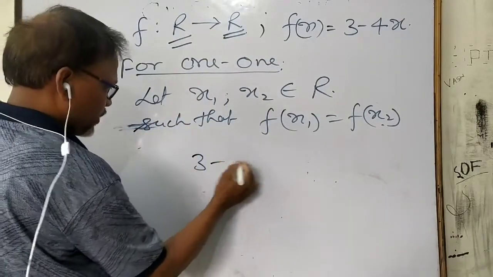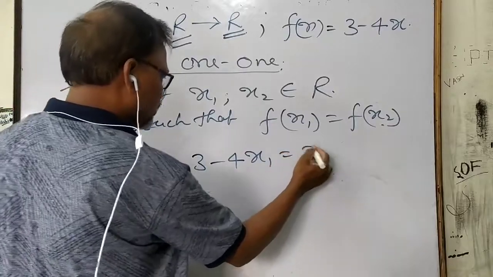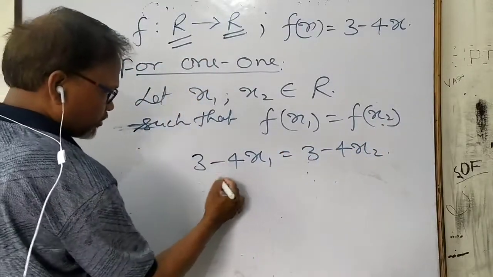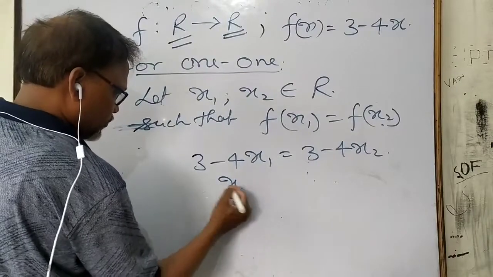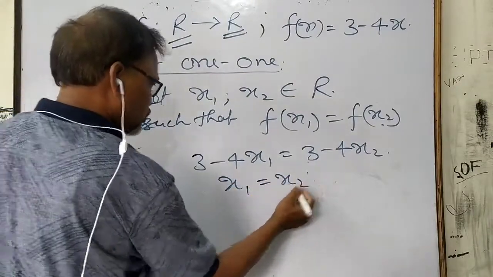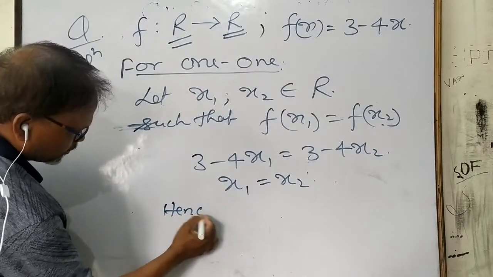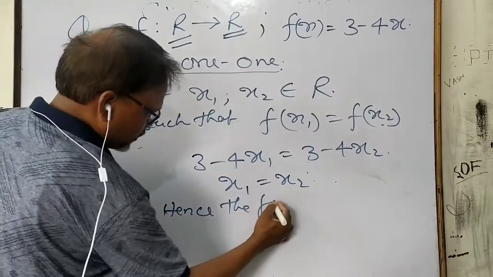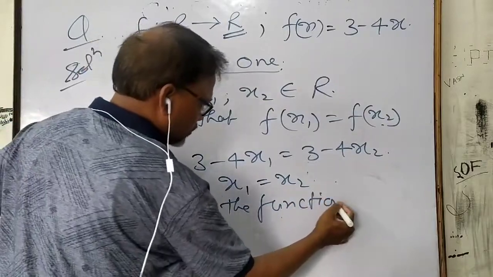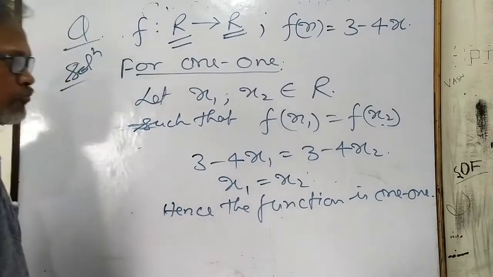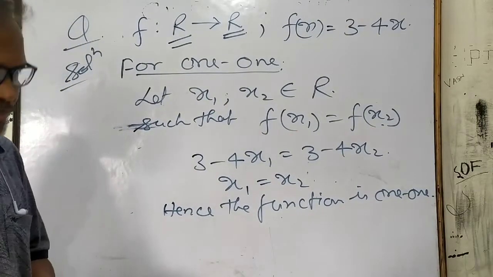So 3 - 4x1 = 3 - 4x2, then simplify, you will get x1 = x2. Hence the function is one-one. You can show one-one, that is very easy.